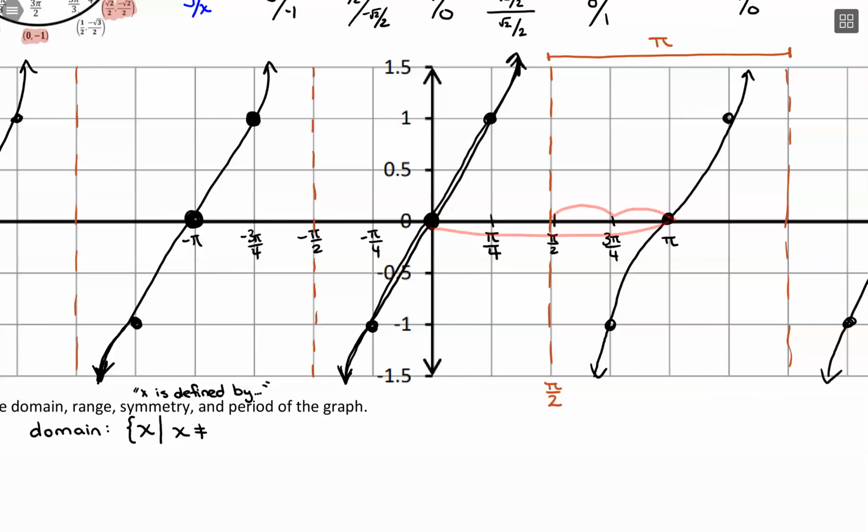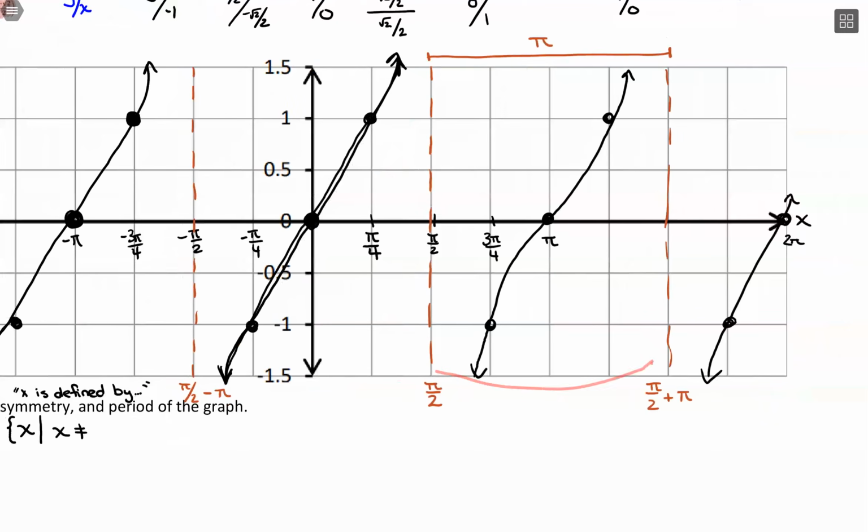So you've defined this distance of π here. So what I can do is I have π/2, I have π/2 plus π, I have π/2 minus π. I have π/2 minus 2π, so going 2 of those distances below, 2 of those distances above, 3, 4, 5.